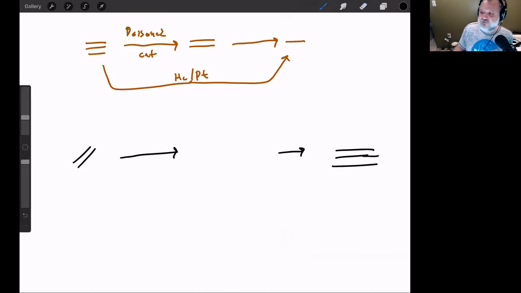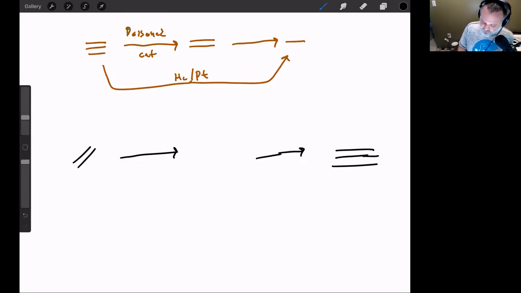Well, this is an example of retrosynthetic analysis. If you're starting with an alkene and you want to form an alkyne, how do we form alkynes? What are the reactions that we know in order to form alkynes?